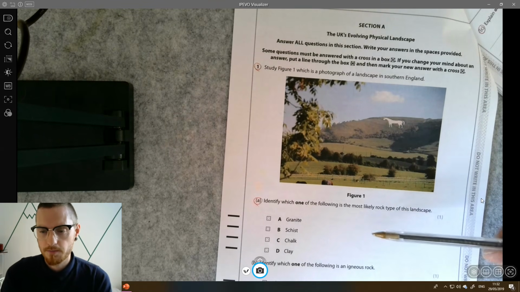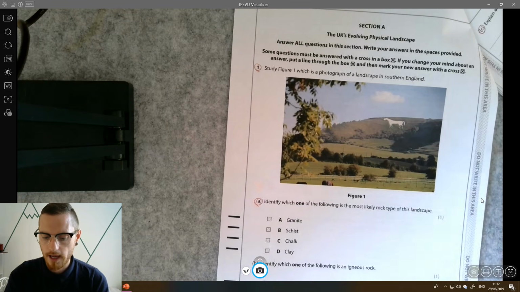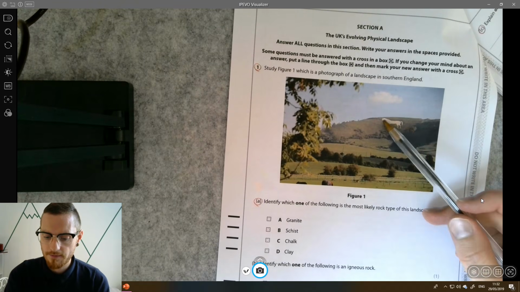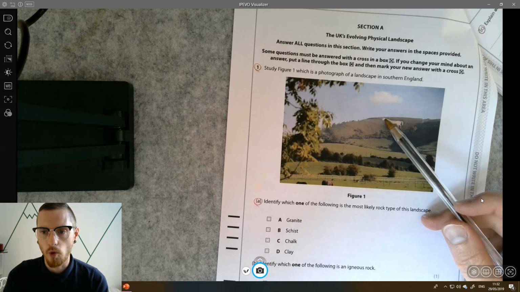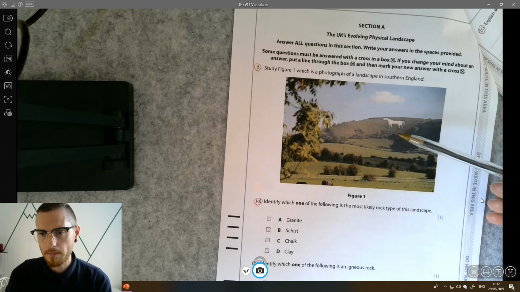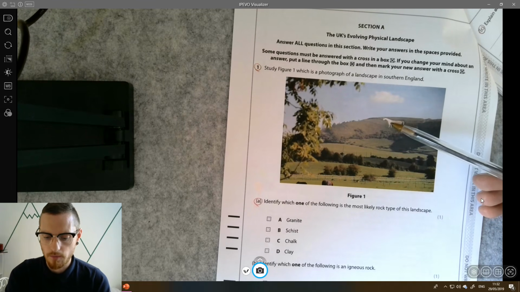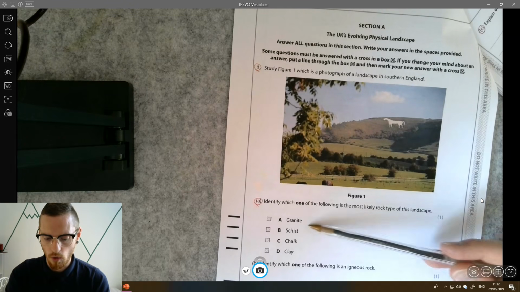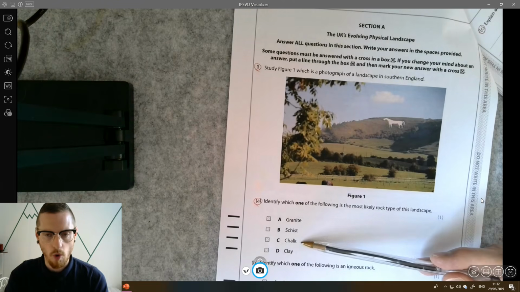Bit of a silly question here, to be honest, but I thought we'd just quickly point this out. We're looking at granite, schist, chalk, and clay, and they'd given you this image here where we can see this white horse. Now, we may or may not have been aware of what this was, but in terms of rock type, we can see the rock's white, and the only one of these four that is a white rock is chalk.